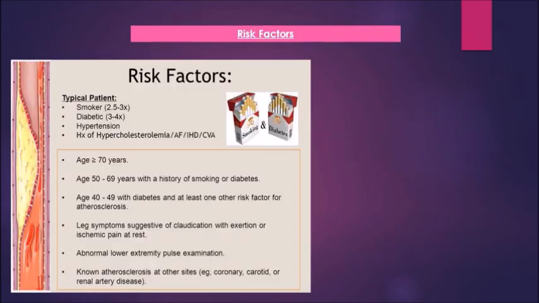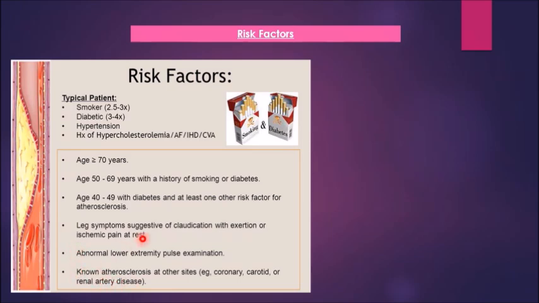Now, what are the risk factors for this disease, peripheral vascular disease? The risk factors basically are smoking, diabetes, hypertension, and history of hypercholesterolemia, associated with atrial fibrillation, ischemic heart disease, or cardiovascular accidents. So these are the important risk factors: age, leg symptoms, abnormal lower extremity pulsation, and a known case of atherosclerosis.